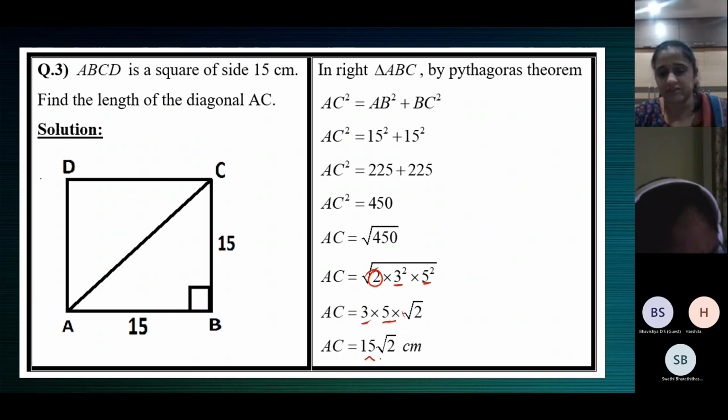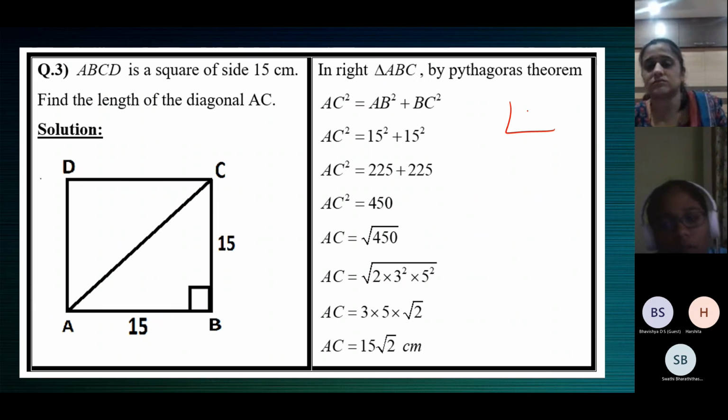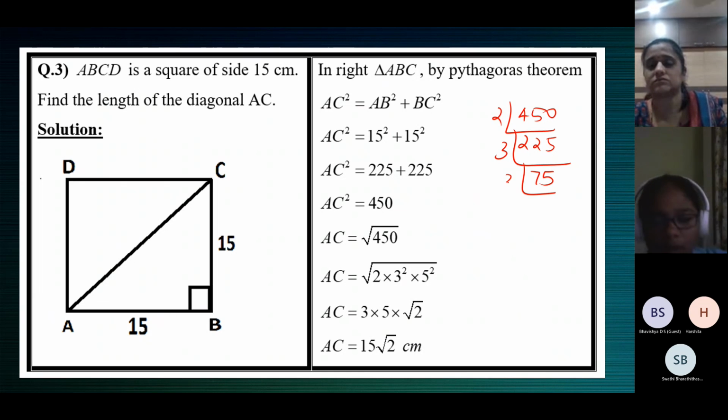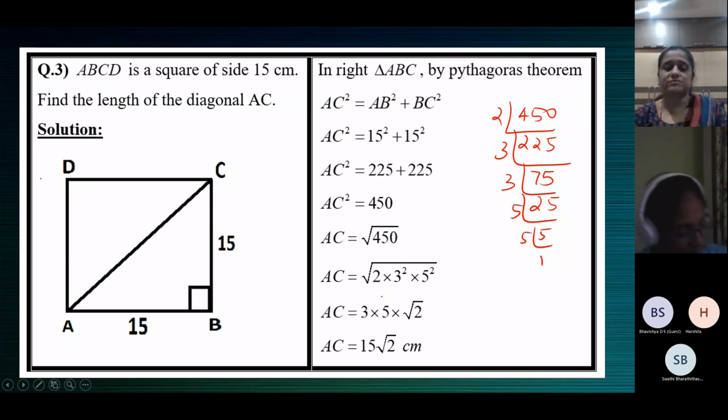You must leave your answer like this. You should not stop at root 450. So you can see 2 into 3 square into 5 square.